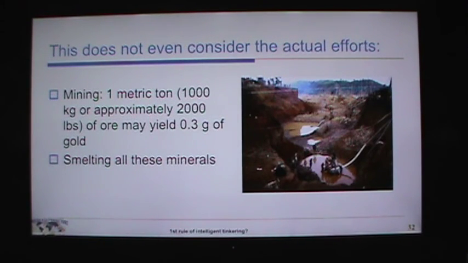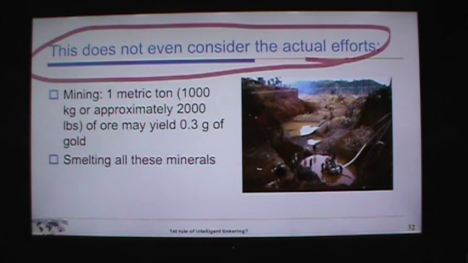When you look at the impacts, once you've mined, why do you have so much waste? Well, a metric ton, about 2,000 pounds, of any ore, in terms of mining gold, may yield only 0.3 of a gram of gold.